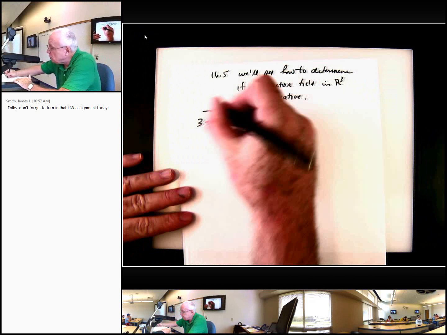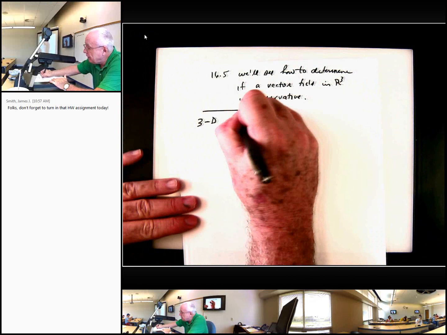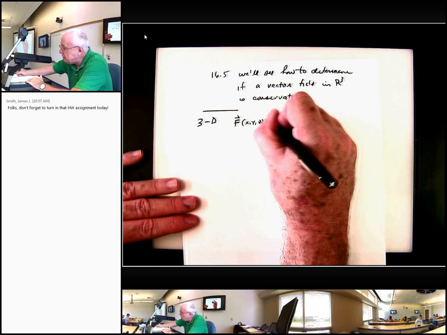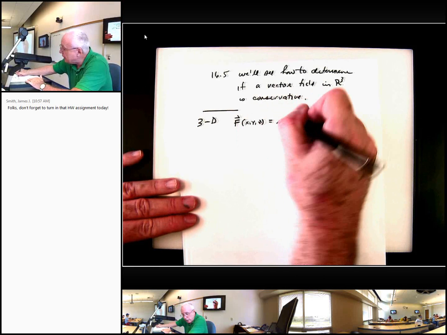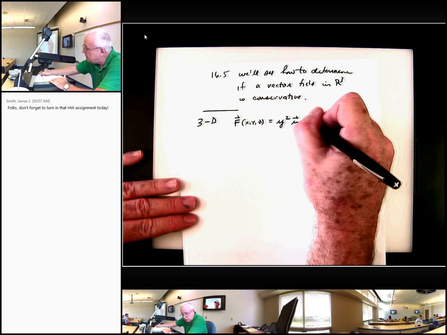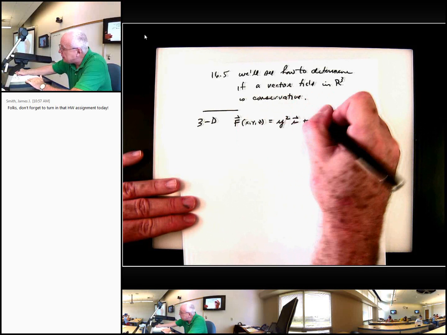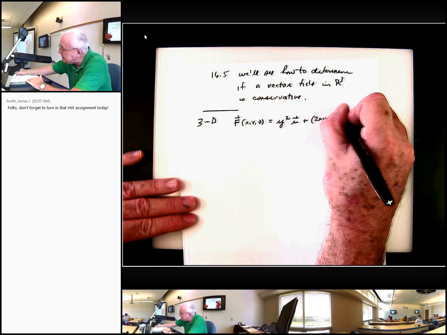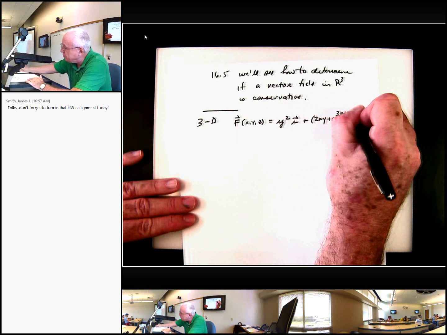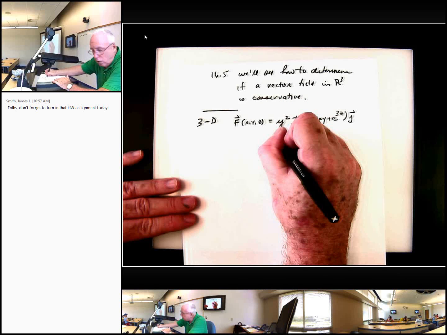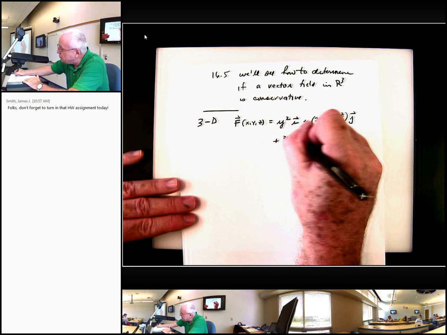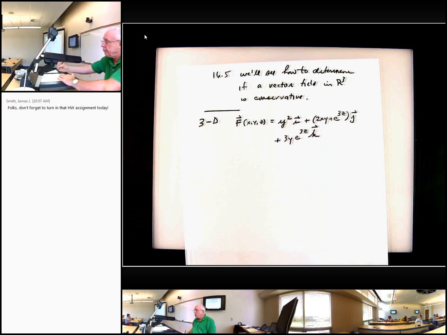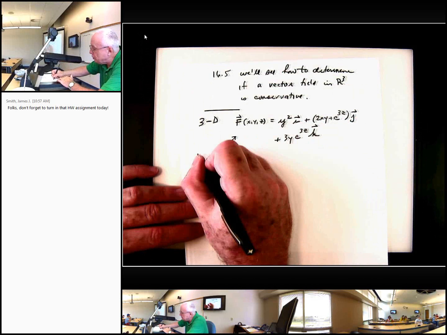So let's say that capital F of x, y, and z, this is our vector field, is equal to y squared times the i component plus 2xy plus e to the 3z times the j component plus 3y e to the 3z times the k component.